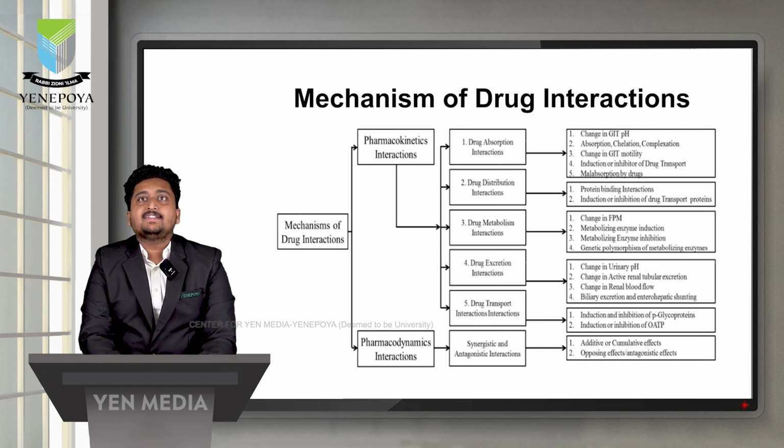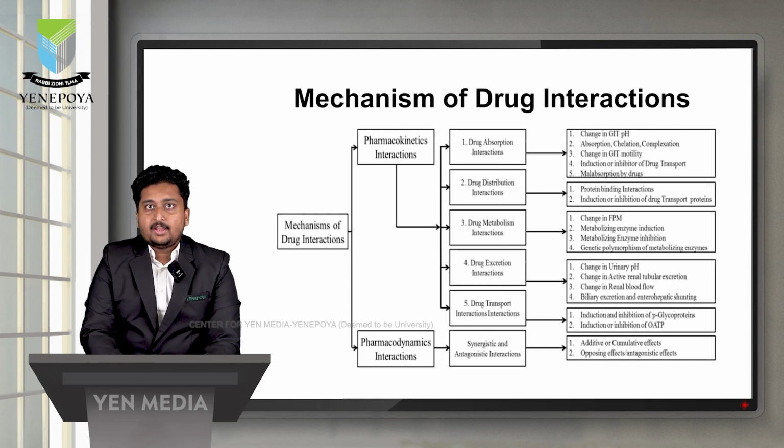First is change in the gastrointestinal pH. Second, you can see absorption chelation or complexation, third is change in the GI motility, fourth is induction or inhibition of drug transport, and lastly malabsorption by the drugs. Potentially, with all these mechanisms, there could be a change in the absorption rate or absorption pattern of drugs. The second one is drug distribution interactions, which include two primary mechanisms.